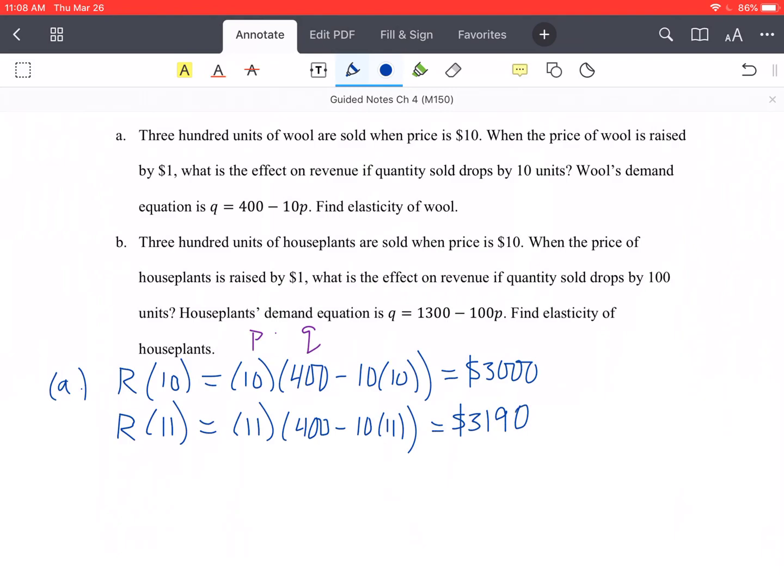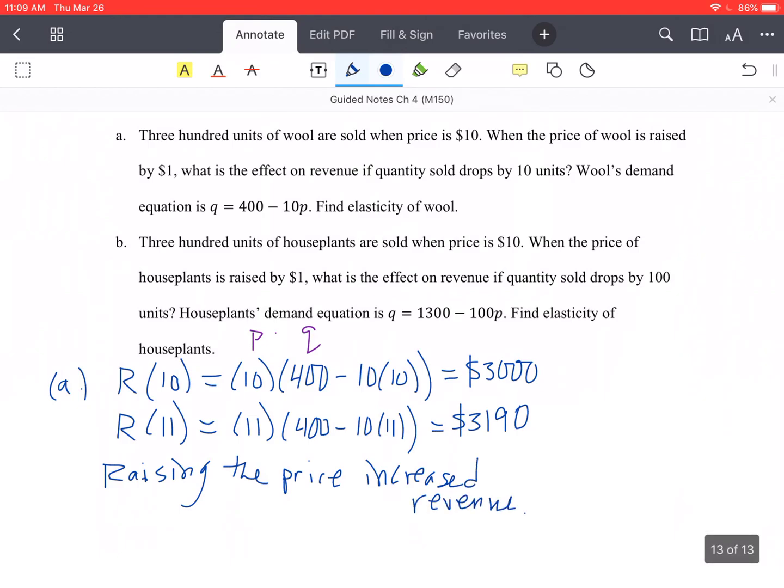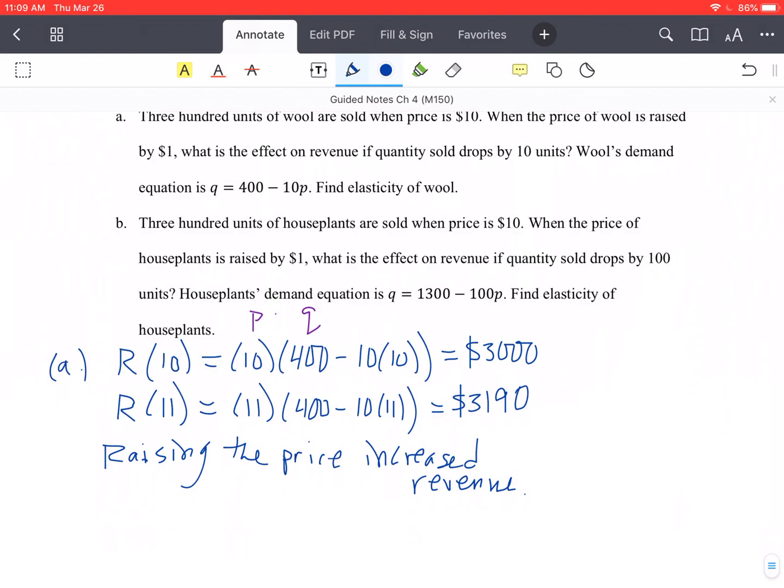So what does that tell us? Well, in this case, raising the price increased revenue. So in this case, raising the price actually increased the revenue.